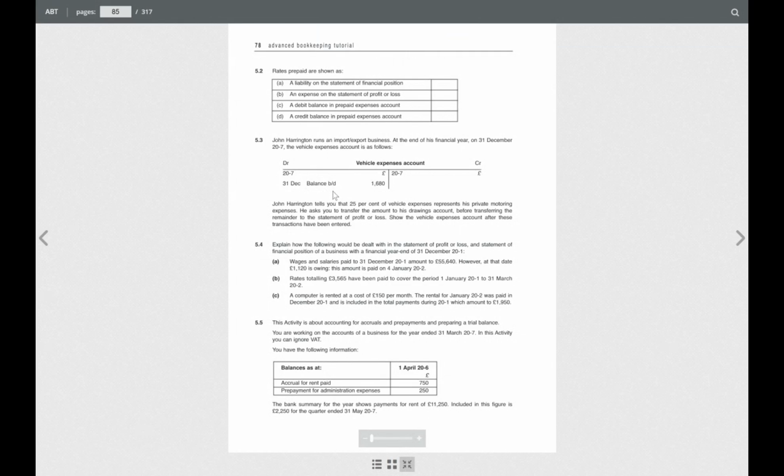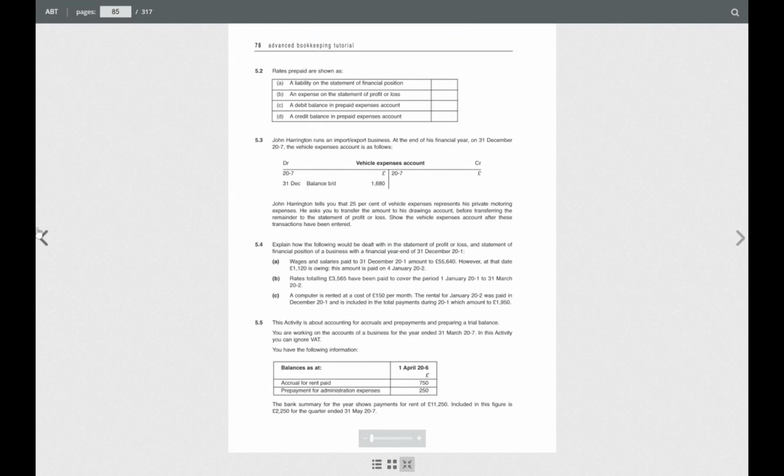It is a brought down balance. It's not carried down. It's not a closing balance. We're saying brought down means opening balance. As we said, some people may be just doing the adjustment at the end of the year. So here the clue is balance brought down. So it means the opening balance on the debit side.